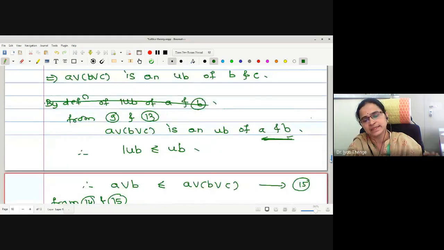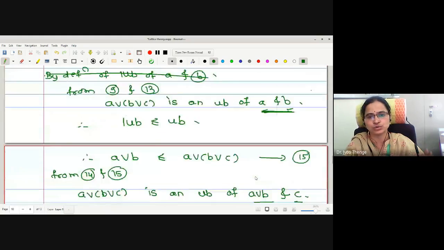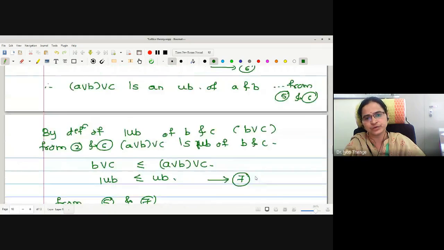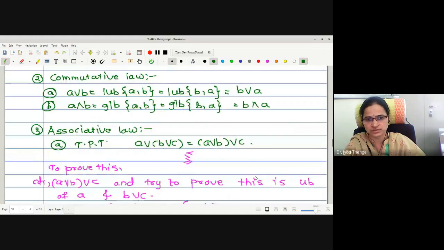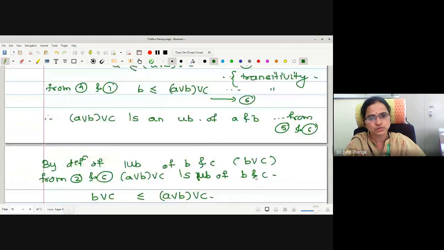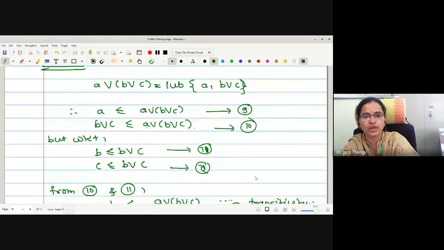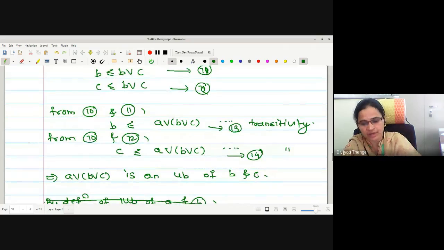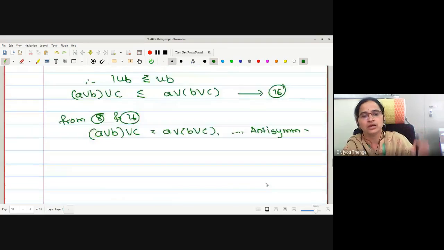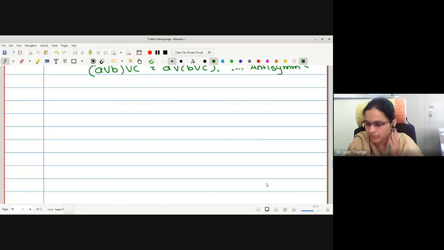This proof may feel confusing to you, but if you practice once or twice, there is no problem in writing the proof. The proof of join I have given you. For the second one, for the meet, you have to write on your own by a similar methodology. Therefore, let me go for the next, the fourth property, absorption law.